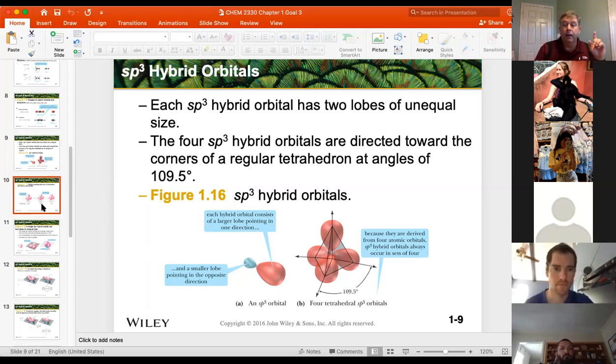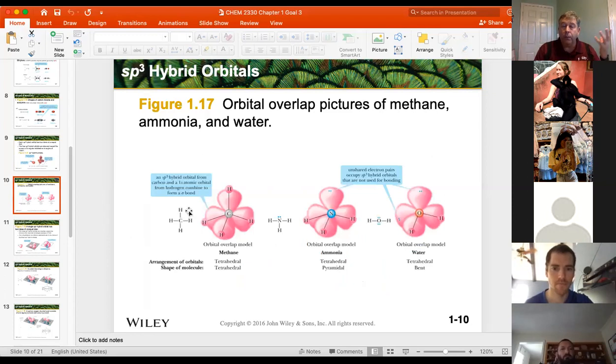Now, that means that when we do these structures here, they are spread out as much as possible. But when we have lone pairs, instead of sharing the electrons with an atom to give us our sigma bond, we just have 2 electrons in that orbital. They're still there electronically. They're still sp3 hybridized. They just take up space.